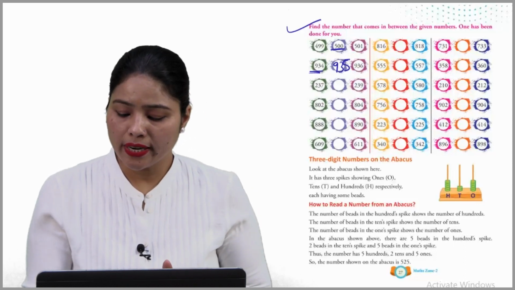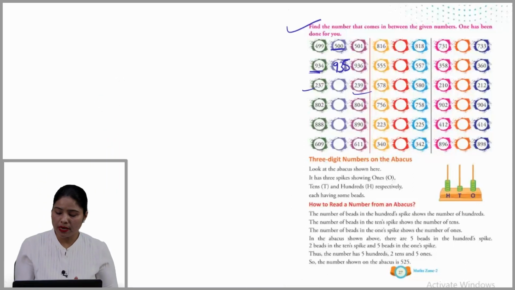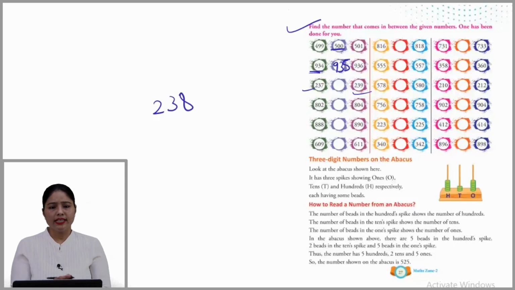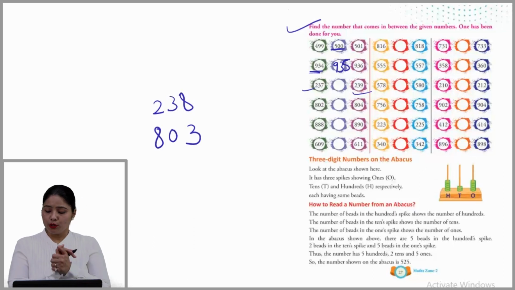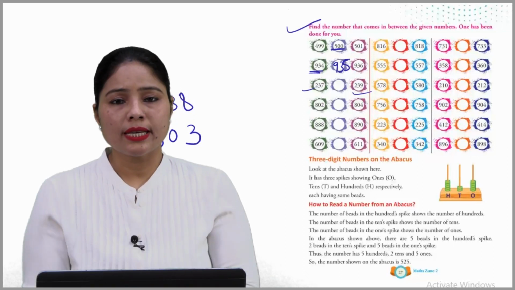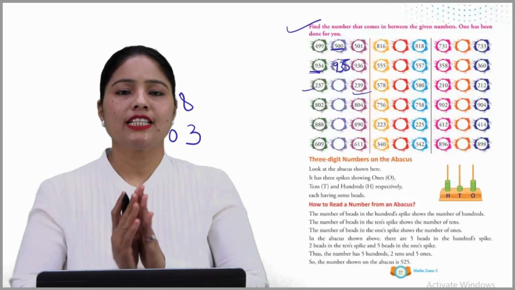And this is 237 and 239. So in between these two our number will be 238. Okay. Similarly 802 and 804. So in between these two our number will be 803. So beta, these are the concepts of between numbers. Okay. So fill all the blanks yourselves.